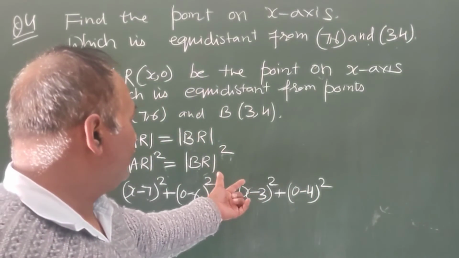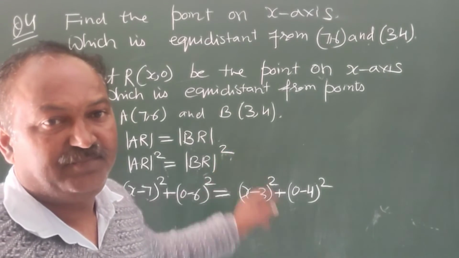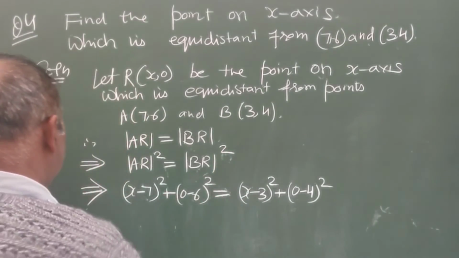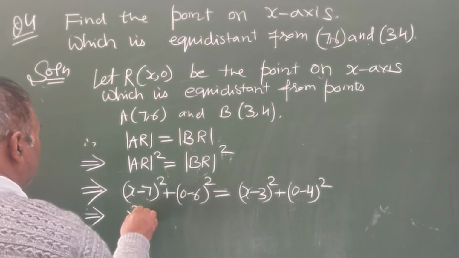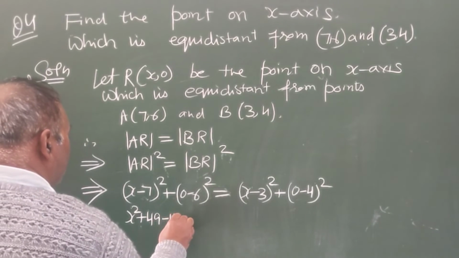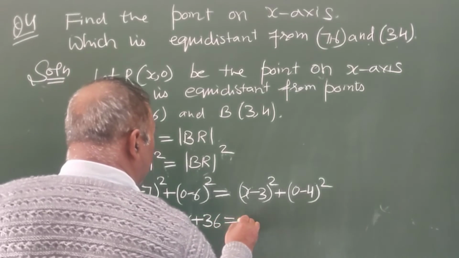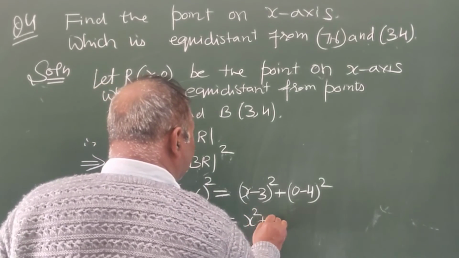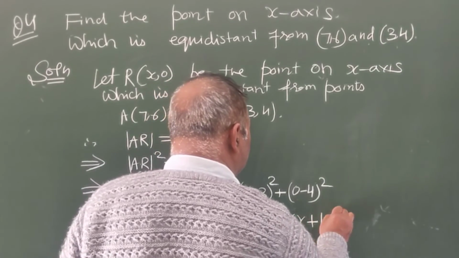We do not take the square root because the square cancels the square root of the distance formula. Now this becomes x square plus 49 minus 14x plus 36 is equal to x square plus 9 minus 6x plus 16.